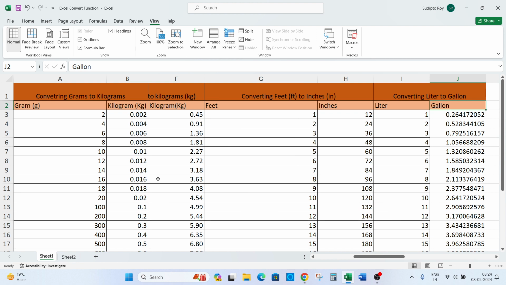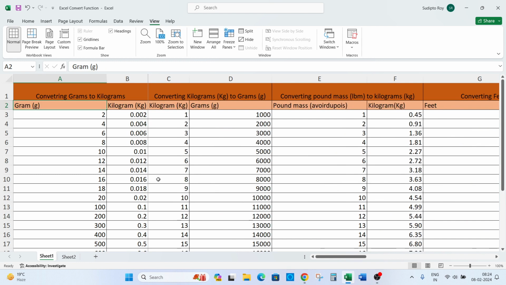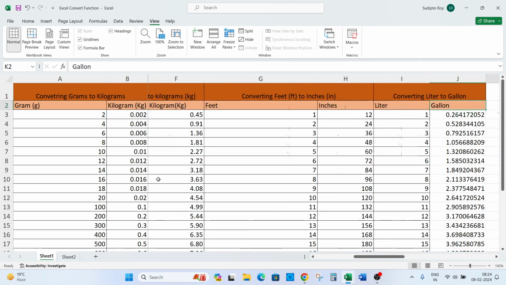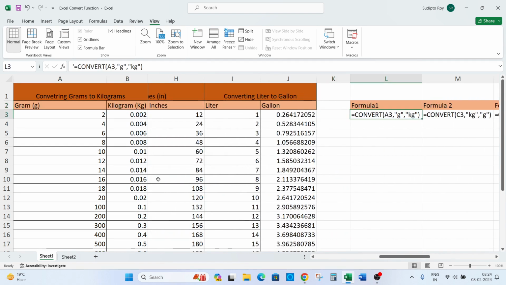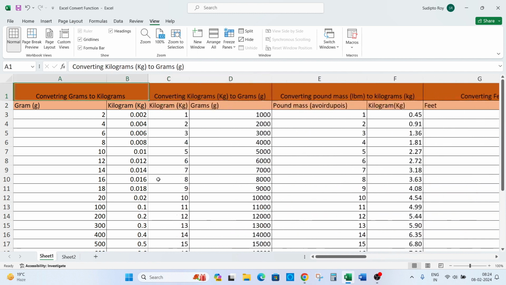Let's see how we can do this with the help of the formula. CONVERT is an Excel formula which we can use to convert measurement units.